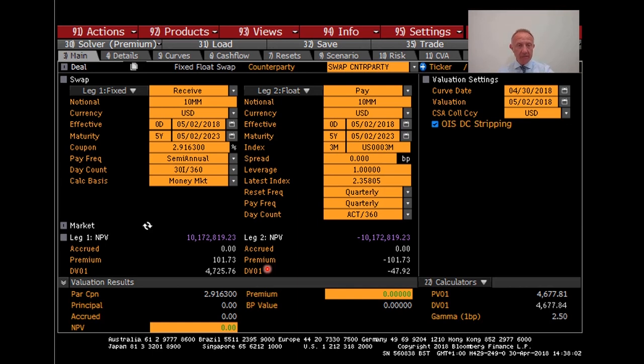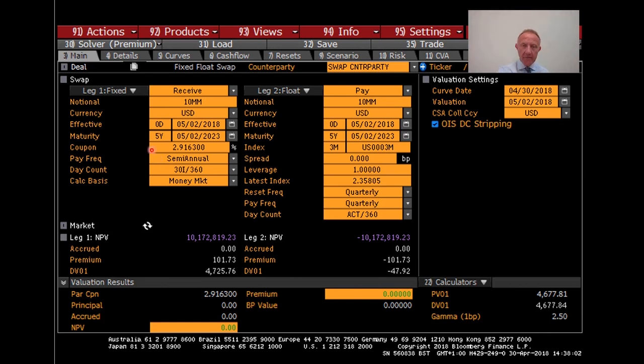Now, on the fixed leg, we can see the fixed rate is 2.916300%. On 100 million, that's going to be about 291,000 every year. It's semi-annual, so roughly half of that, about 145,000 every 6 months.